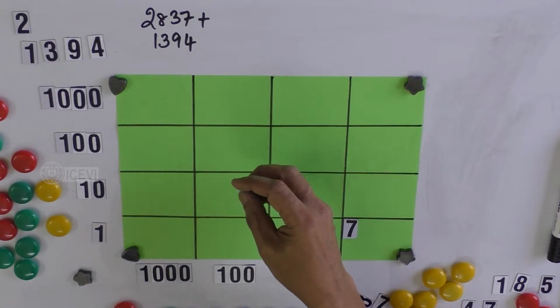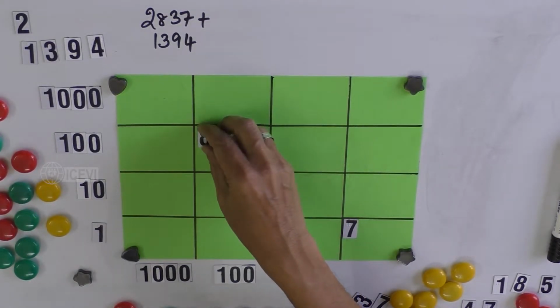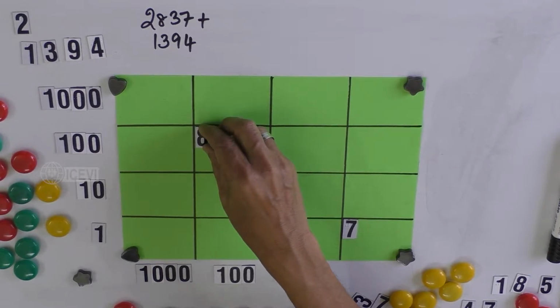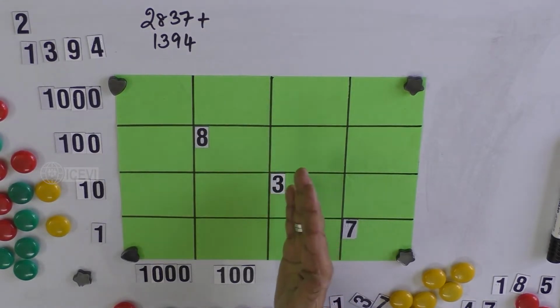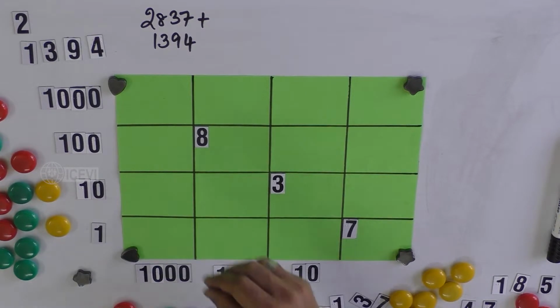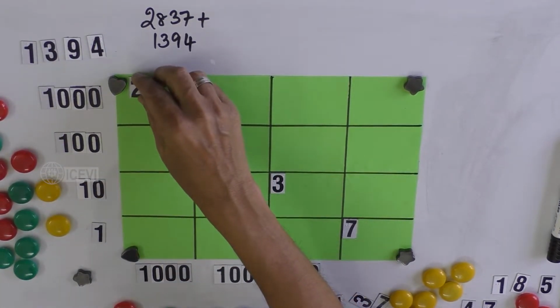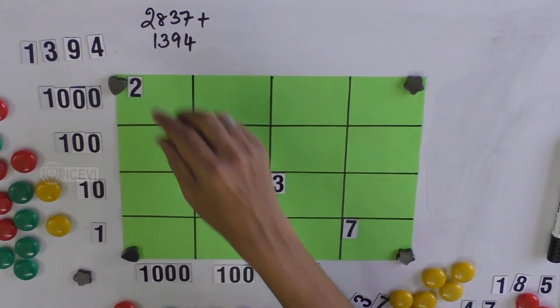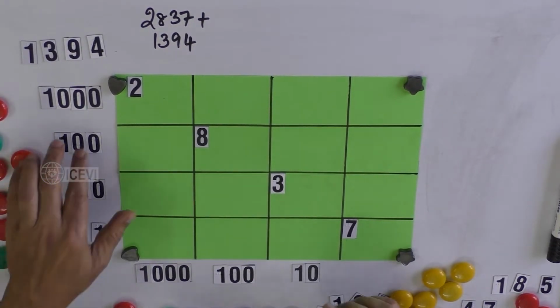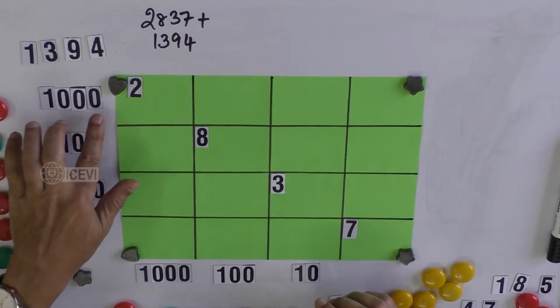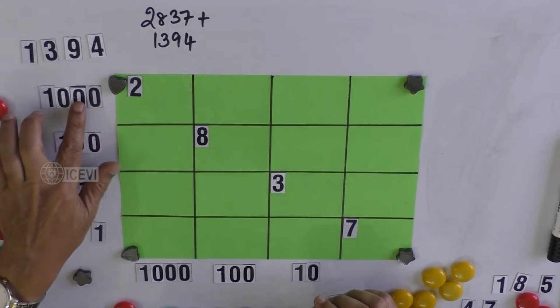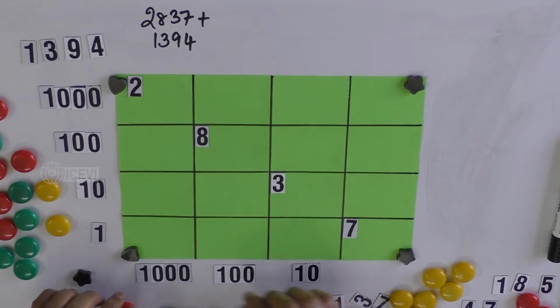The number 8 should be placed in the 100th column. That is, 100th column is to the left of the 10th column. And then take the number 2. The number 2 is placed in the 1000th column, right? That means the column which is representing the value 1000, right?